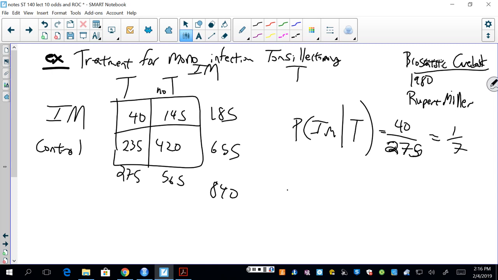What's the chance of this among those that did not have a tonsillectomy? So in the column, they have no tonsillectomy. 145 over 565.